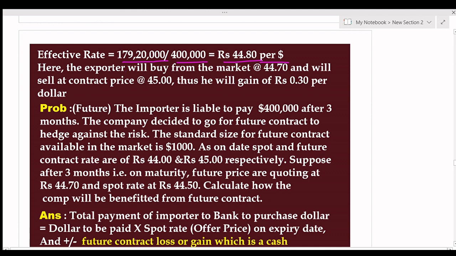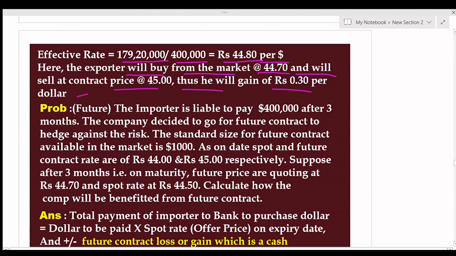The exporter will buy from the market at rupees 44.70 and will sell at contract price 45, thus he will gain rupees 0.30 per dollar.